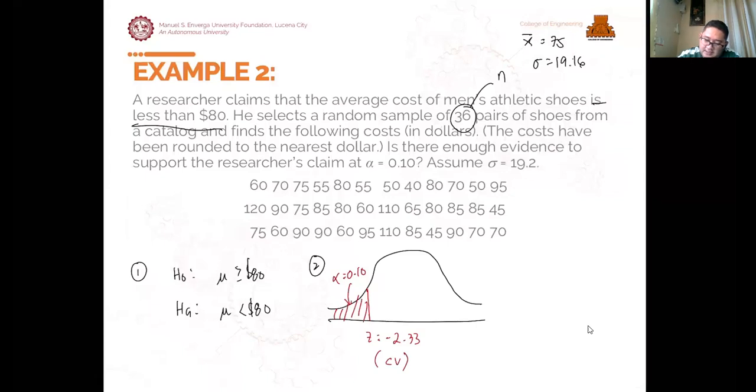Next, calculate our test value, which is x bar minus mu, all over the standard deviation over the square root of n.